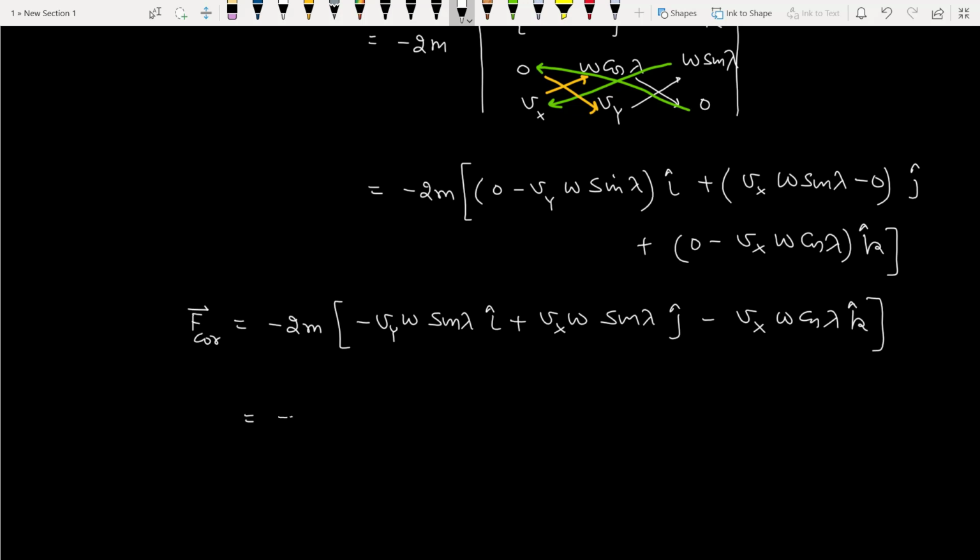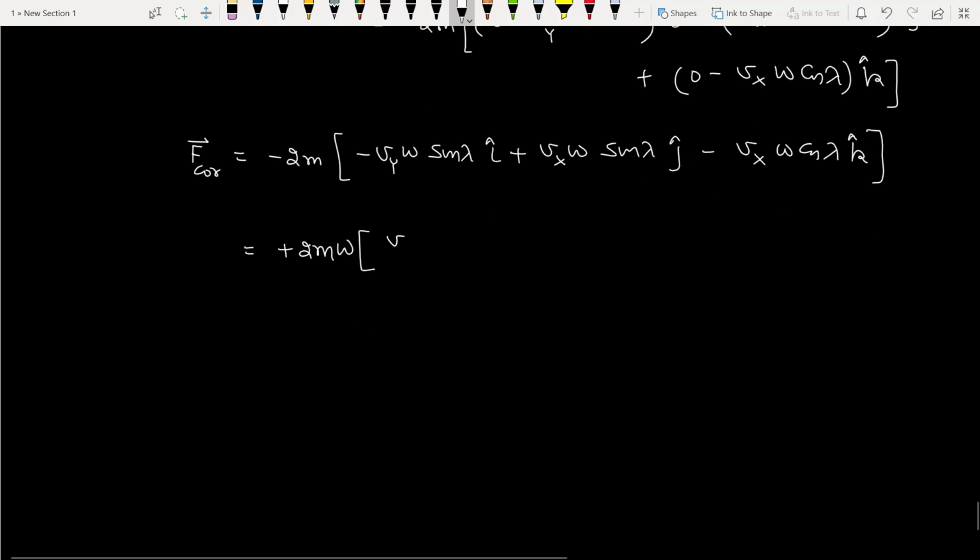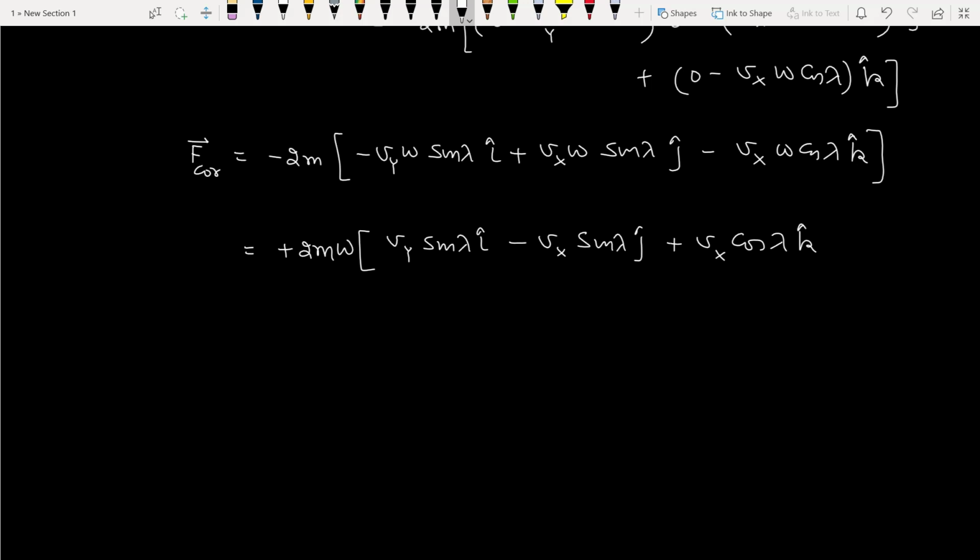Minus, and omega sign comes common, then it will become plus 2m omega, Vy sin lambda i cap minus Vx sin lambda j cap plus Vx cos lambda k cap.